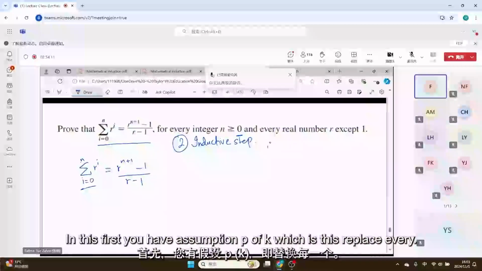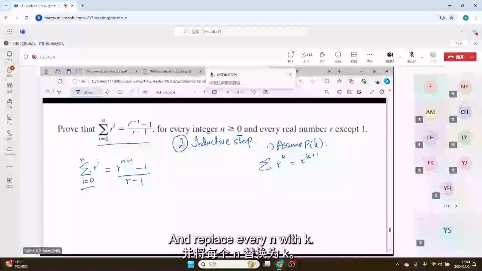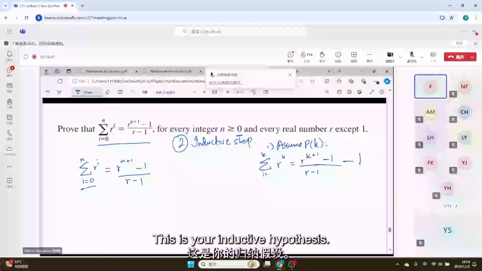In this, first you have the assumption P of k, where you replace every n with k. Okay, this is your inductive hypothesis.